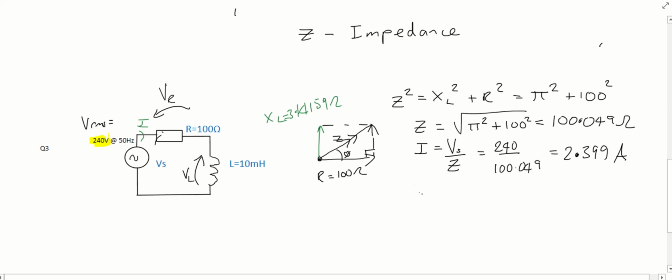So let's use tan. Tan of the phase angle equals opposite over adjacent, TOA of SOHCAHTOA. The opposite there is basically pi, isn't it? Pi divided by adjacent, which is 100. So we're going to do an inverse tan of that to get the angle. Let's do that on here.